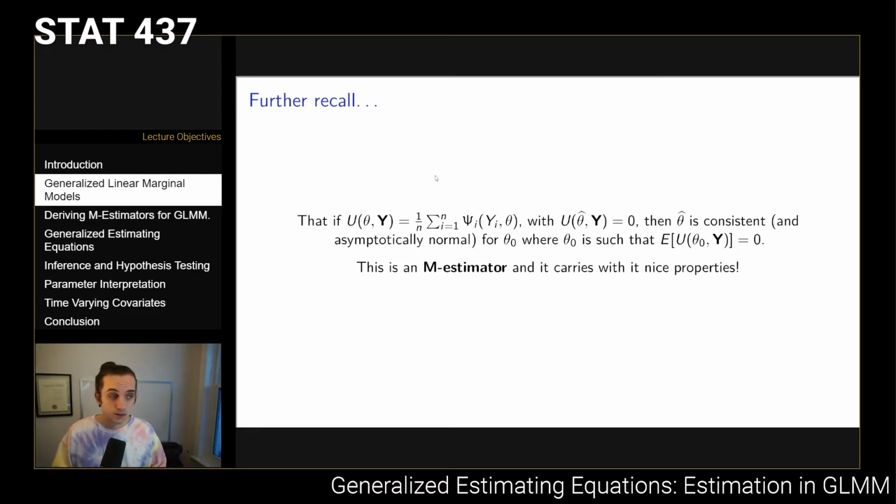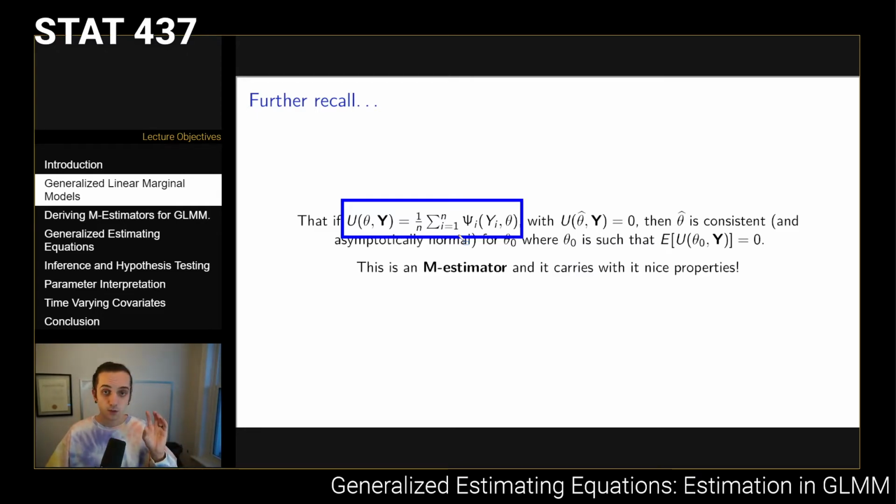Also recall that we talked about M-estimators. For an M-estimator, we defined this function u, and we said u of theta and y. The idea was that it's a function where we take a summation over an IID sample, right? Here I have it written as a mean over an IID sample, but you can remove the 1 over n, that's fine. It doesn't change anything meaningfully.